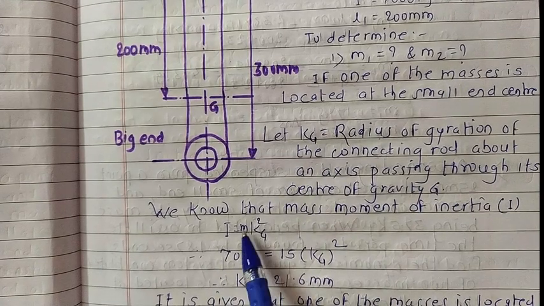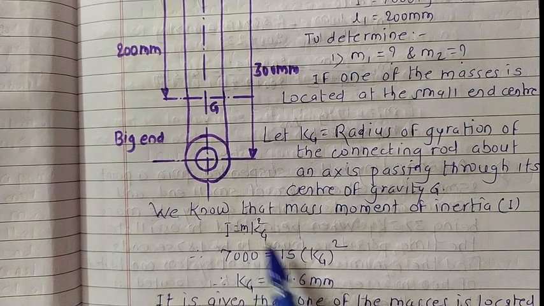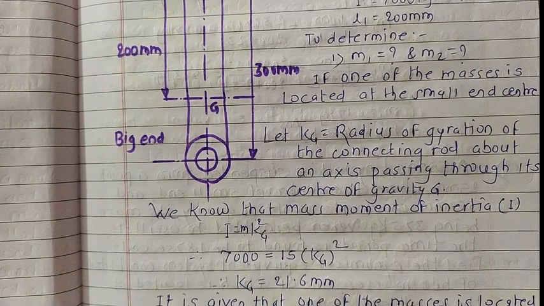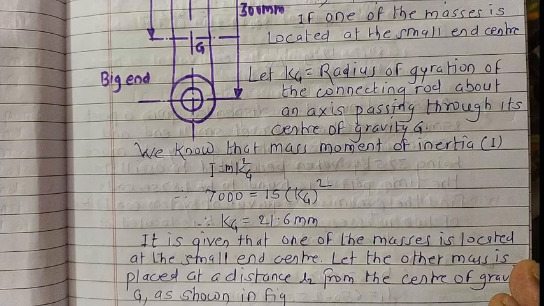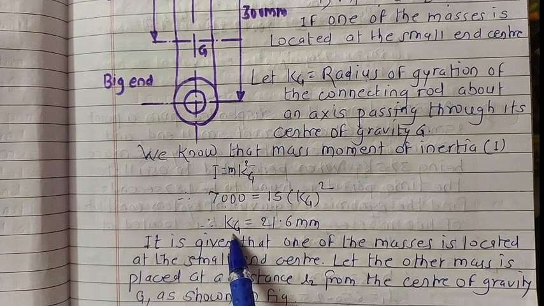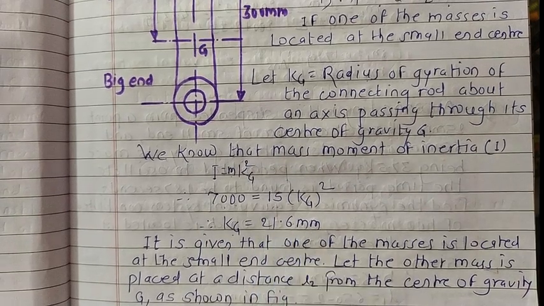We know the mass, substitute here. So first get the value for kG. We know I is 7000 and the mass is 15 kilogram. Just substitute here and get the value for kG as 21.6 mm.